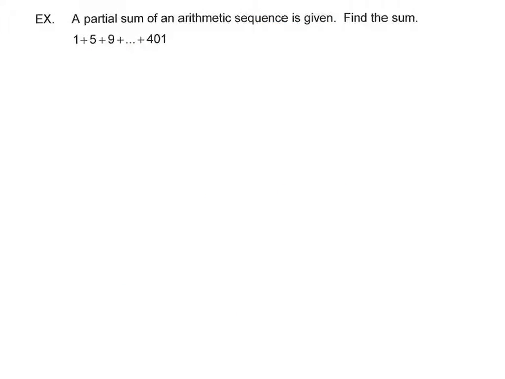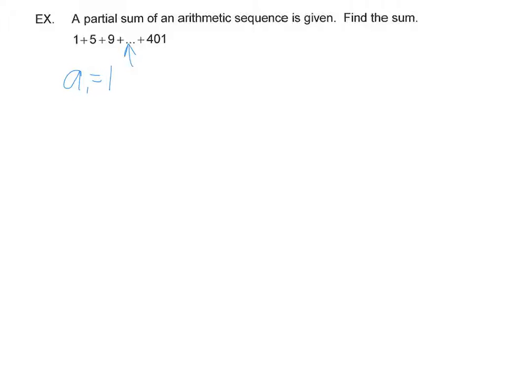A partial sum of an arithmetic sequence is given. Find the sum. So we have some of the numbers, but these dots mean they're missing numbers in between that they didn't write out. And they want to know what all of the numbers from 1 to 401 all added together would come out to be. So let's see what we have already. We have the first term, which is 1.